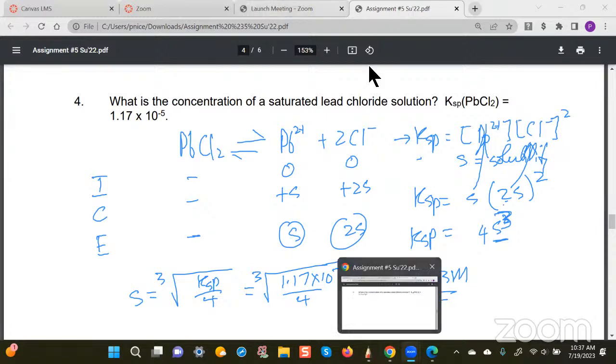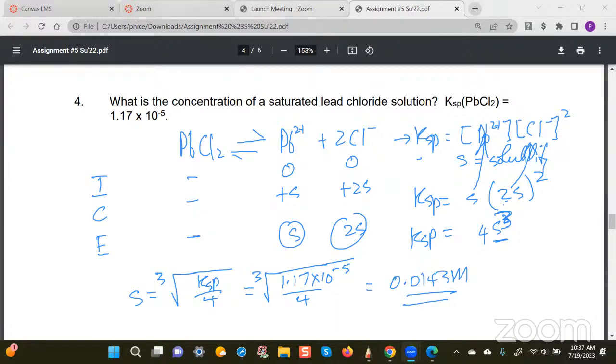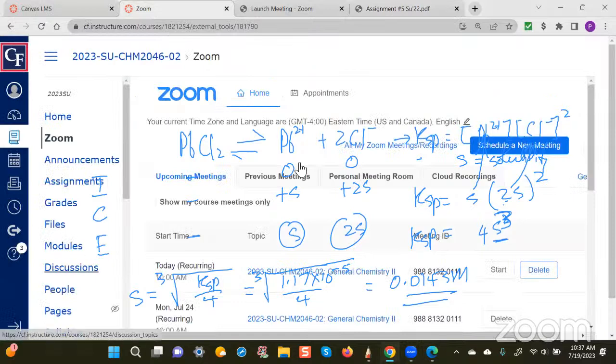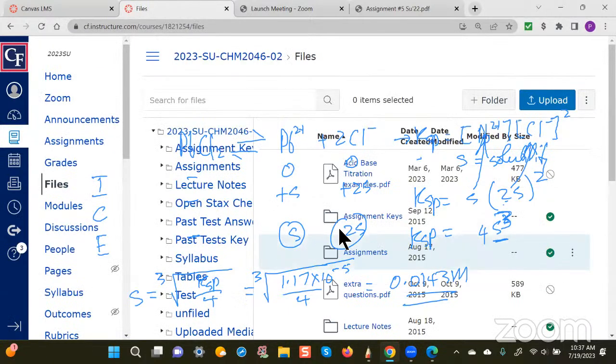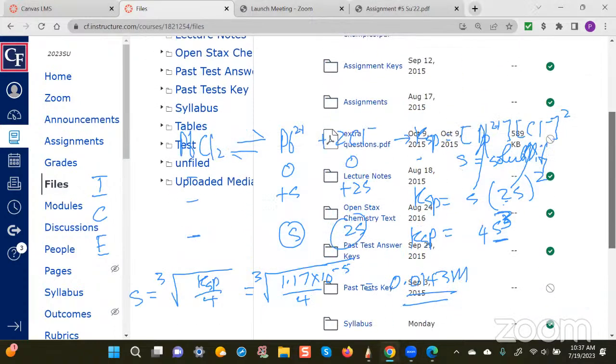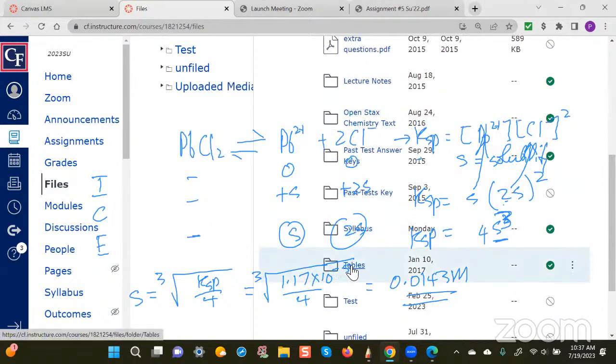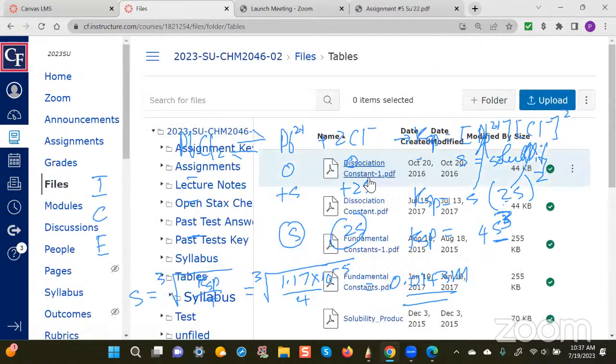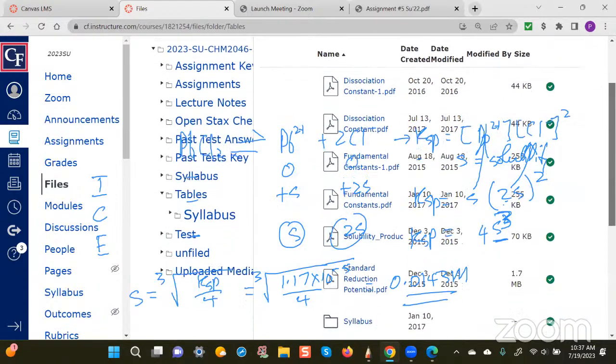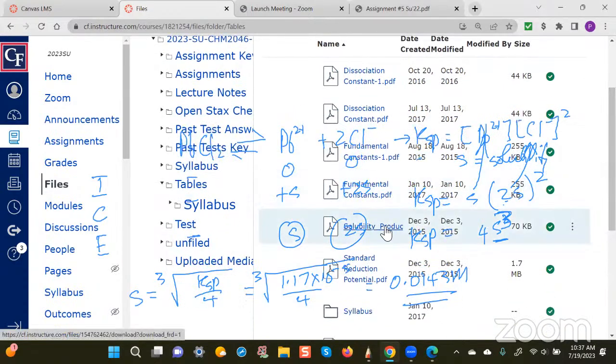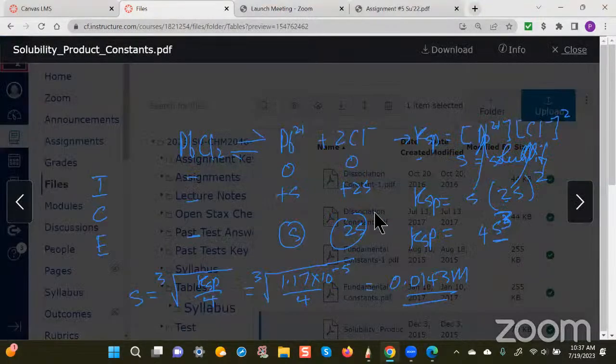Go to files, and then tables, and the file labeled solubility product, that's the one.